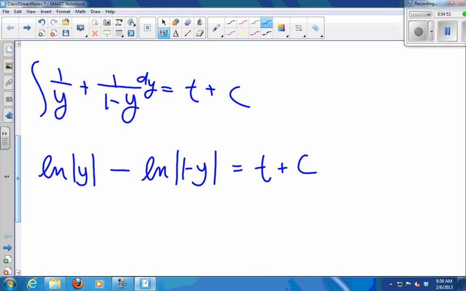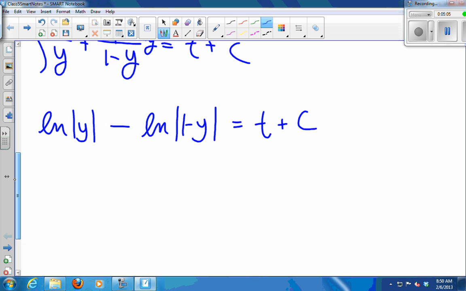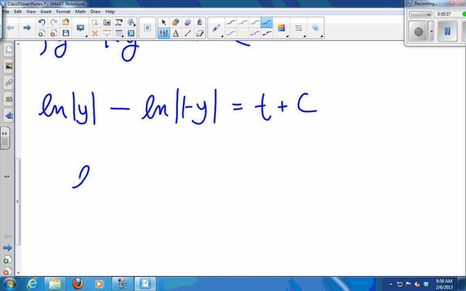All right, so now I have the ln of something minus the ln of something. I can combine those into one single logarithm, right? If you remember that from college algebra or pre-calc. The ln of a quotient expands to a difference, and then you can contract it back to a quotient.